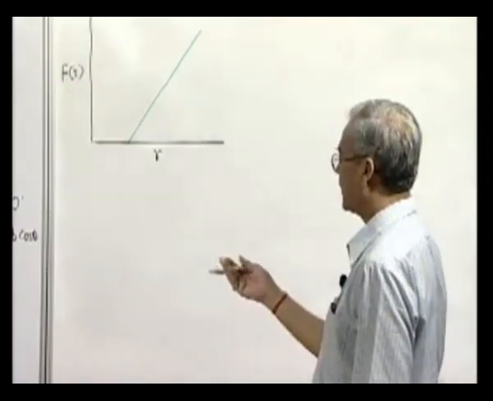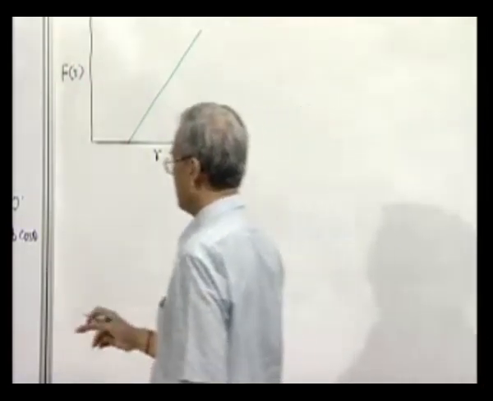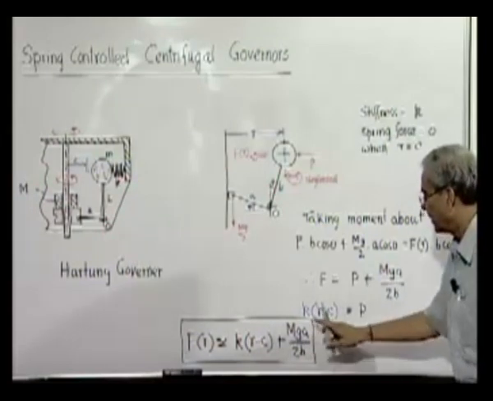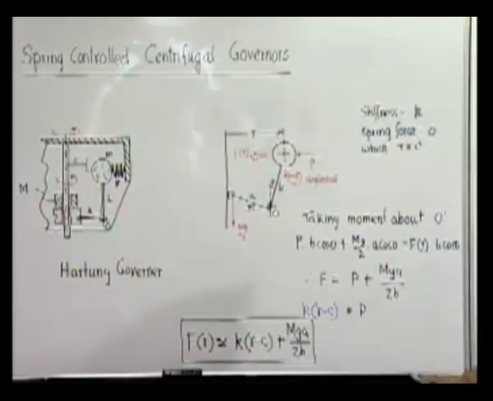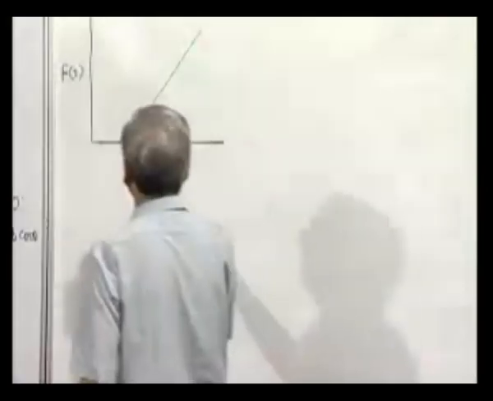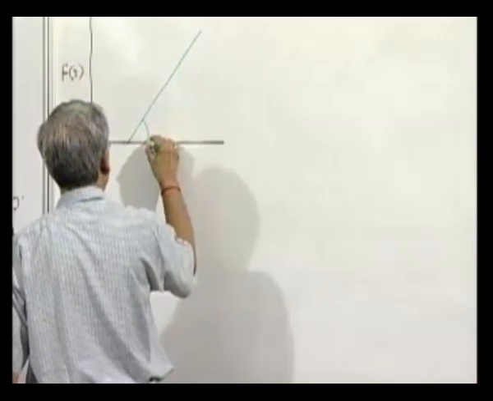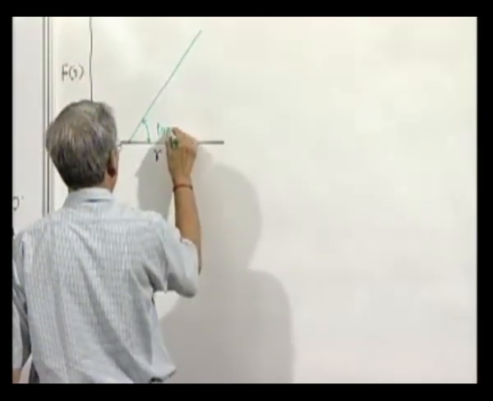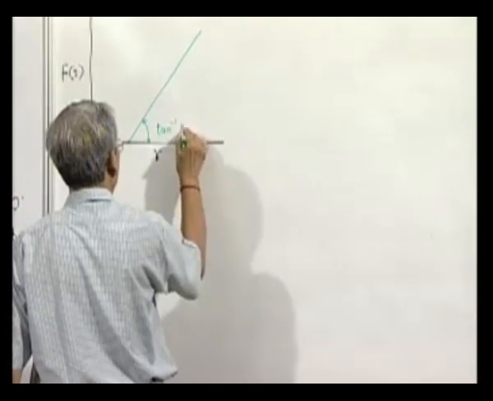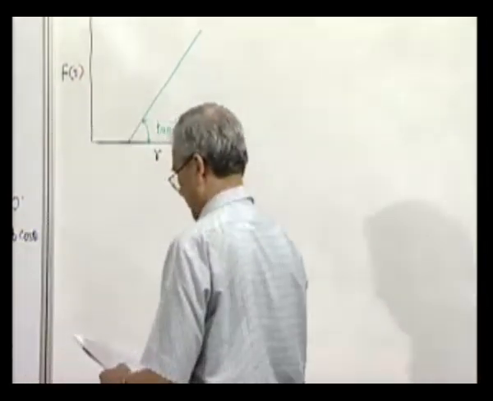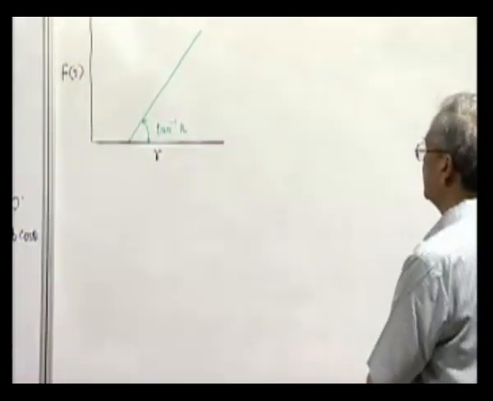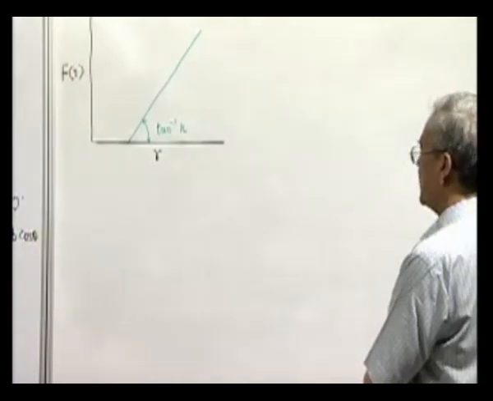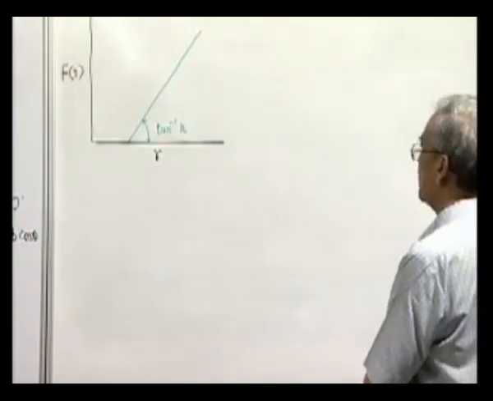If you plot F versus R, it is a straight line because this is a constant, this is a constant, and simply Kr is the term which is varying with R, and therefore obviously this angle is nothing but K, in suitable units of course.